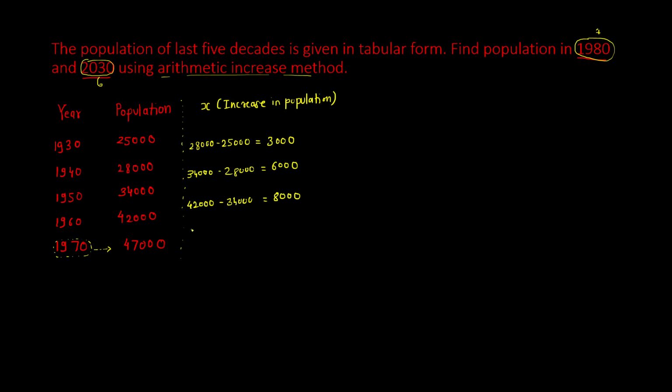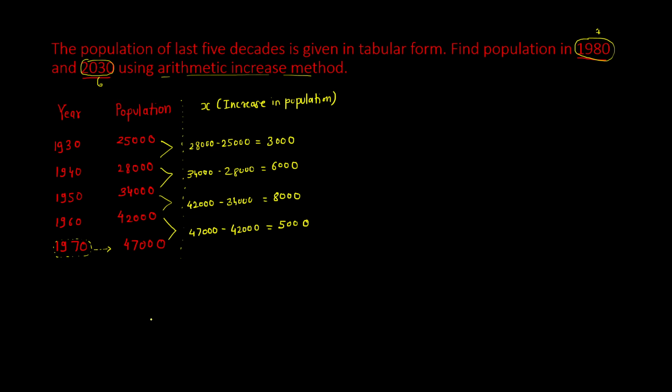And the last one will be 47,000 minus 42,000, which is equal to 5,000. Now these four values represent the increase in population for the last 5 decades, the differences between consecutive values.